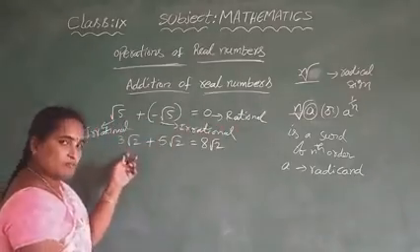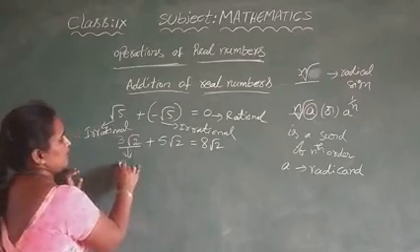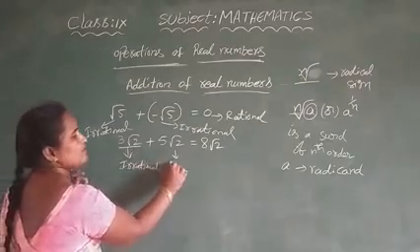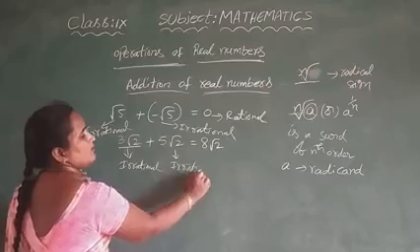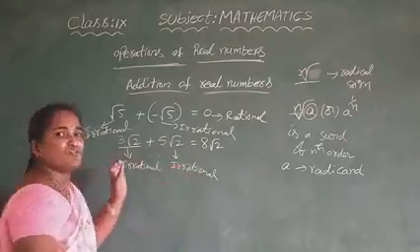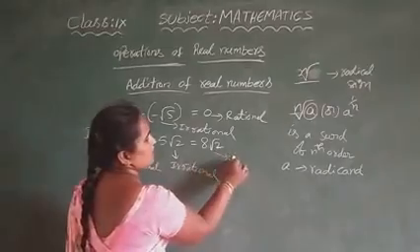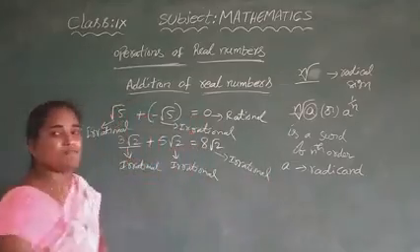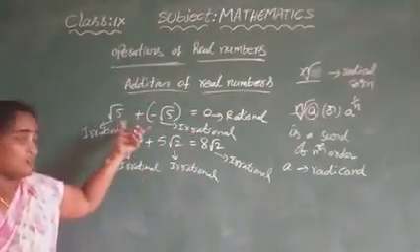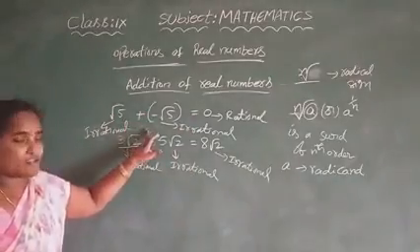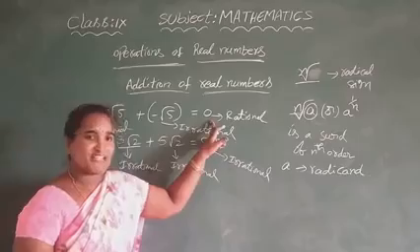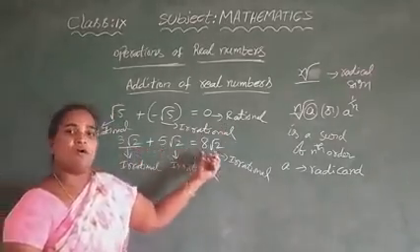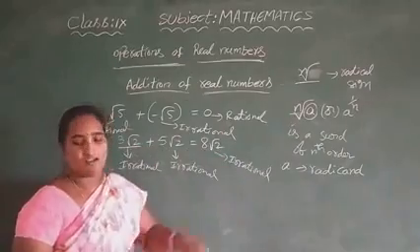Then you take another example here. This is irrational, and this one is also irrational. Here the sum of these two irrational numbers is irrational. Observe these two examples now. In one example, the sum of two irrational numbers gave one rational number. Here the sum of two irrational numbers is one irrational number.